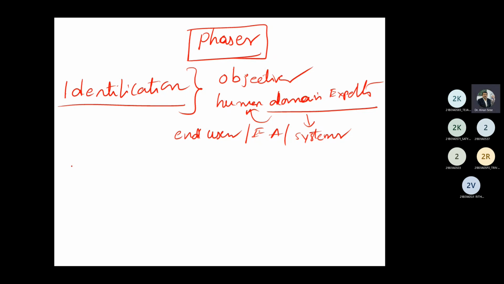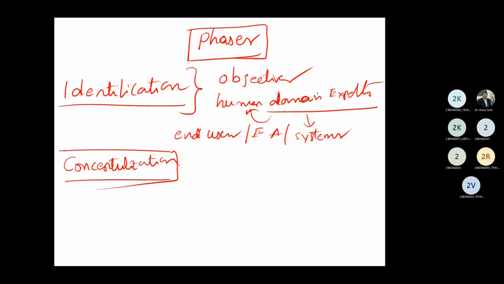And the next phase that I mentioned is the conceptualization phase. It is a very simple phase where we talk about how you find the relations, and what the role of the domain expert and knowledge expert is.